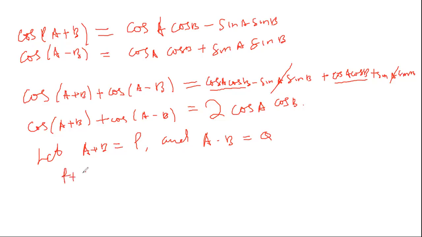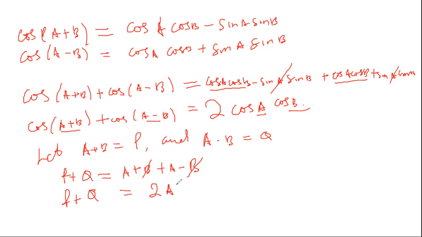So after substituting for P here and Q here, they need to as well go this other side. So P plus Q is going to be A plus B plus A minus B. The B is positive, here it is negative, so we shall remain with 2A.